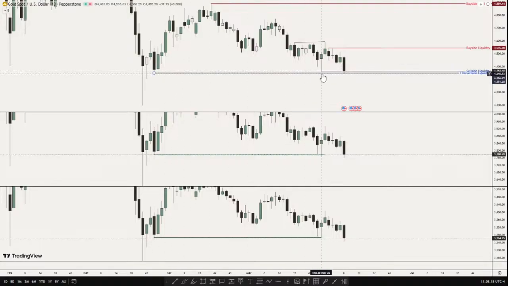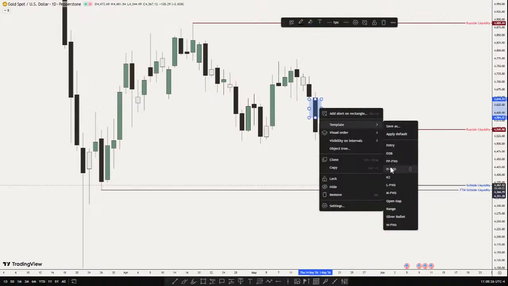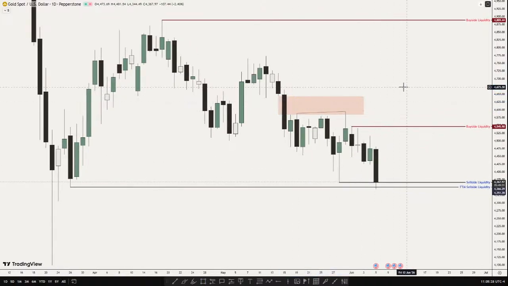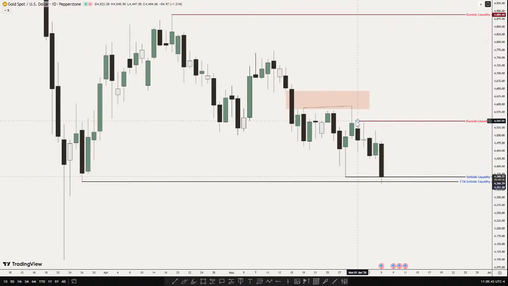After this SMT was created, price moved up and went into the daily fair value gap here. This was the higher time frame fair value gap in which price moved up and then created an SMT with the previous week high. It swept out these highs and then started moving down. When it started moving down, that was the signal that this specific SMT is not holding.